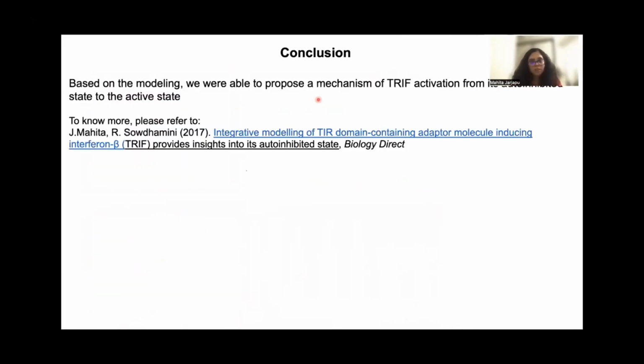So based on this modeling, we were able to propose a mechanism of activation from the autoinhibited state to the activated state, and because of lack of time I cannot explain this mechanism, but if you are interested to know more, please refer to this paper in the literature. And thank you for your time.